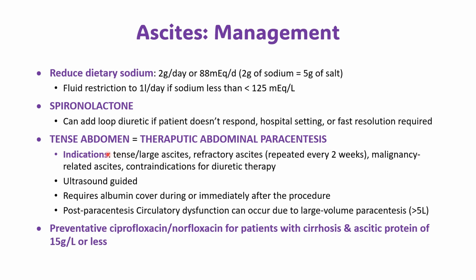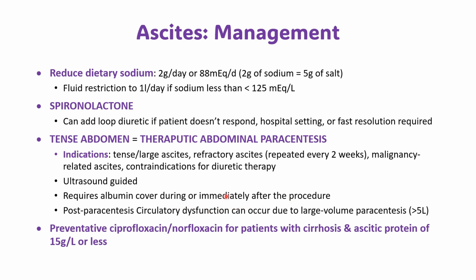Some of the indications are tense or large ascites, refractory ascites where it can be repeated every 2 weeks, malignancy-related ascites, or potentially where diuretic therapy is contraindicated. It's ultrasound guided. It requires albumin cover during or immediately post-procedure.